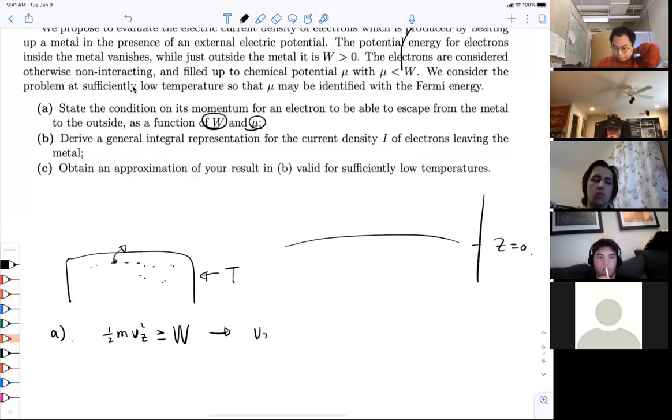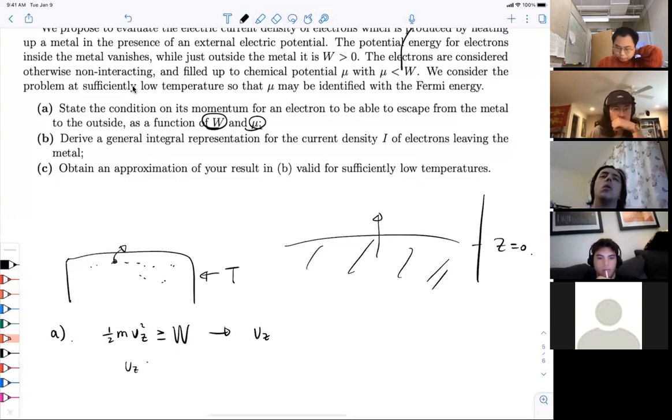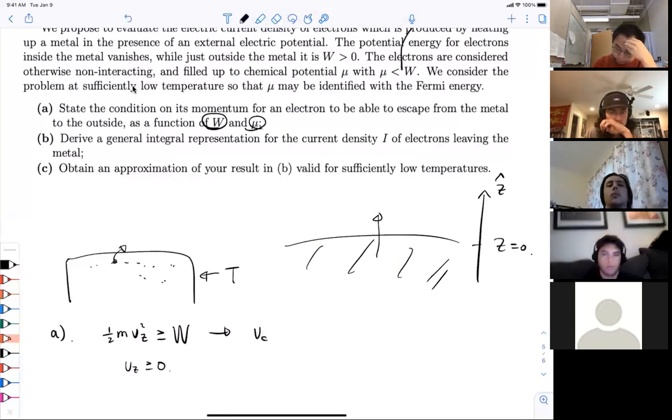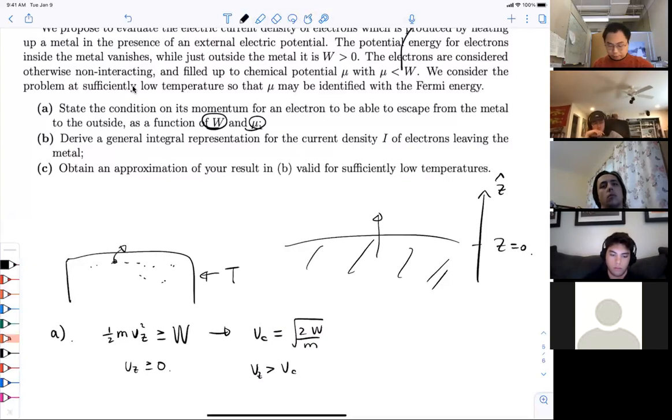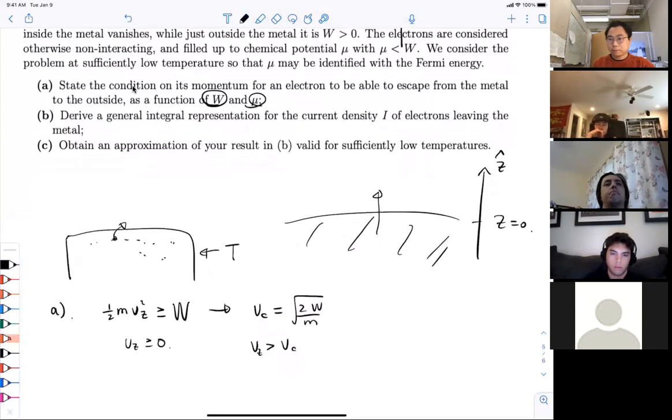This is a metal, imagine. Of course, your Vz should be positive. That gives us a cutoff, a critical velocity in the Z direction for the electron, which is the square root of 2W divided by m. So your velocity in the Z direction must be larger than this value.